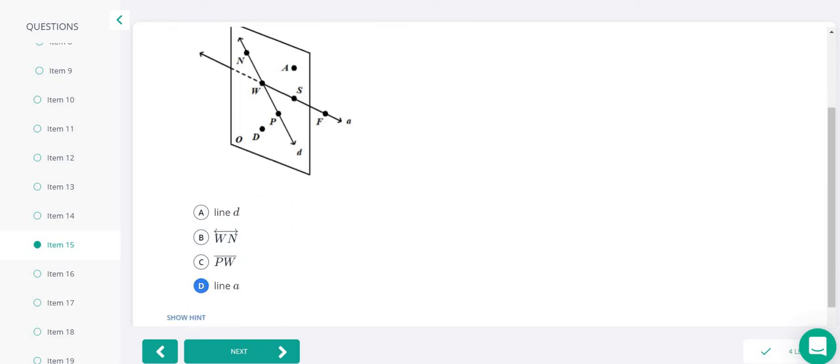So here, line A is our right answer. Line D would be this one, so not even the same line. WN is still over here. PW is still over here. So the other three all refer to this line here, but we were looking at SF, this one, so it could also be named line A.